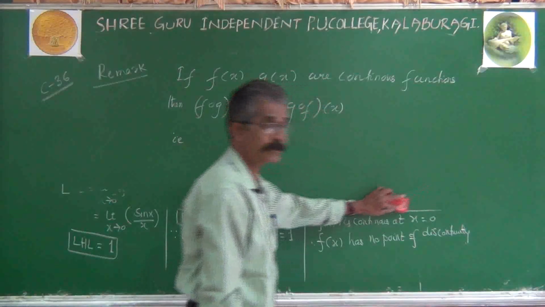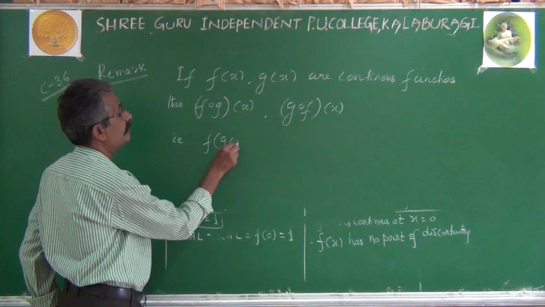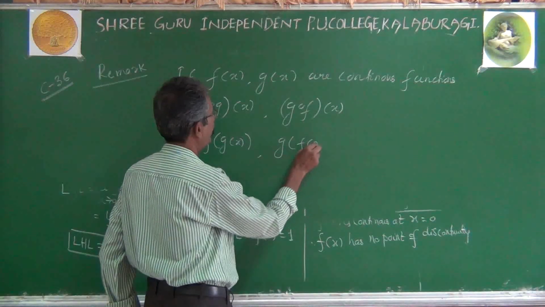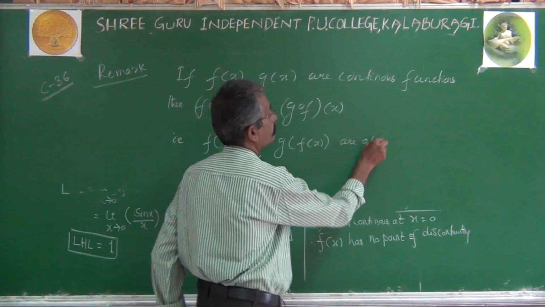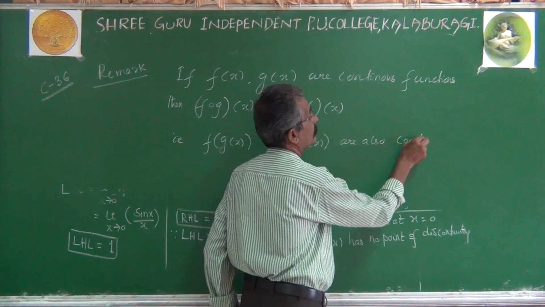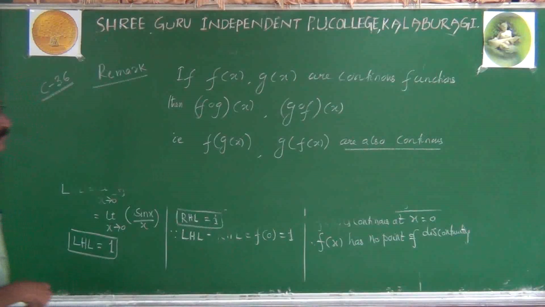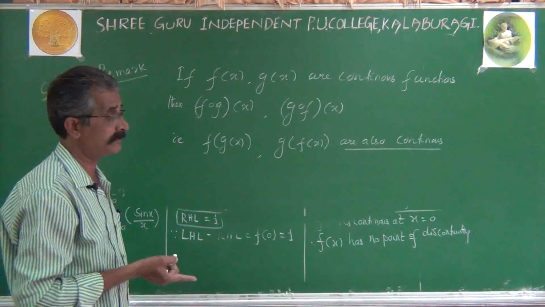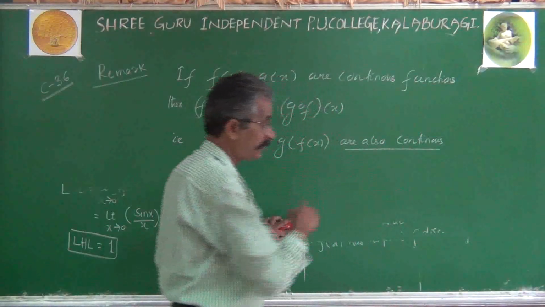It means f composition g, f of g of x, comma g of f of x, are also continuous. Simple. The concept is that the composition of two or more continuous functions is again a continuous function. That's the meaning of this remark.